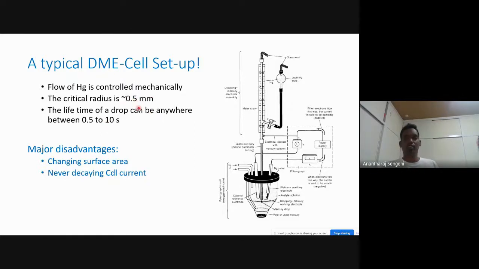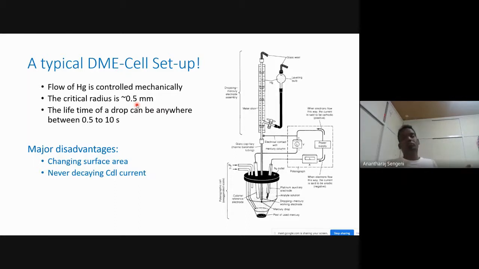And the critical radius of the mercury drop is 0.5 millimeter. So it means that you will not have a larger electrode surface area in order to study a spherical diffusion layer of larger thickness. The major disadvantage is that as the mercury drop grows at the tip of the capillary tube, its surface area keeps on growing, which means that the area keeps increasing even when you set the same potential.